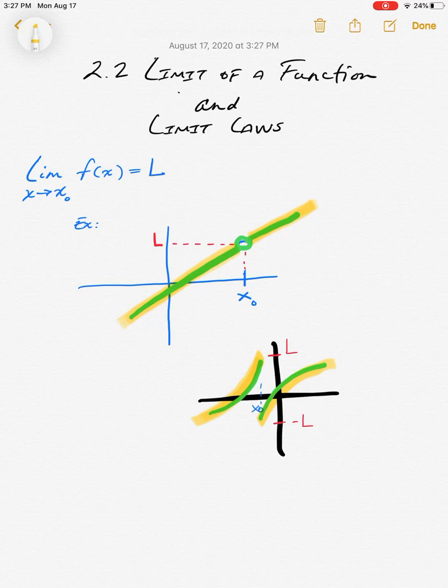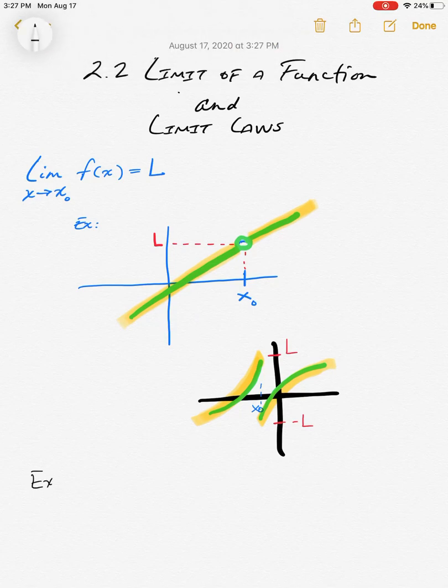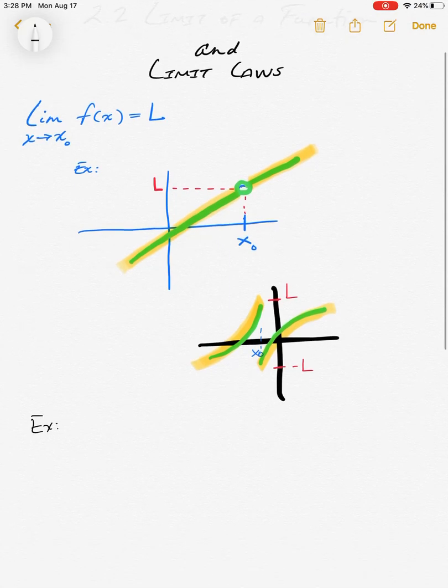Now, let's say that we had some examples where it gives us equations. And the equation says, find the limit of the function as x approaches some value.